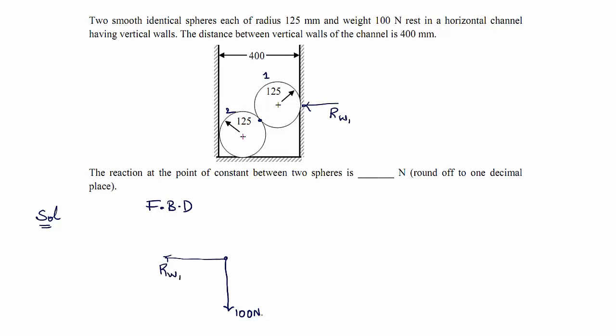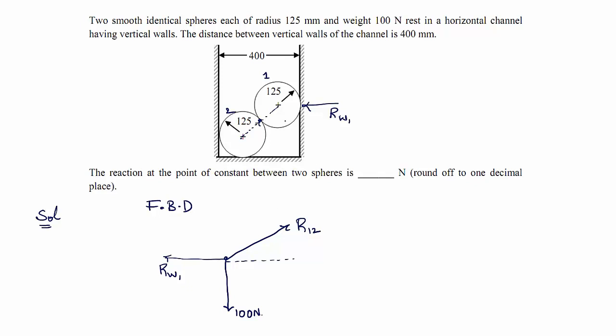There will also be a reaction along the line joining the centers, pointing right upwards, say R12, joining 1 and 2. Here I need to calculate this angle. Once this angle is calculated, it becomes easier to find the force. For that, we need to apply only Lami's theorem.